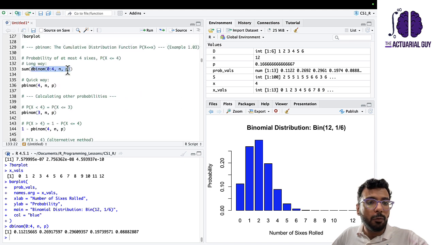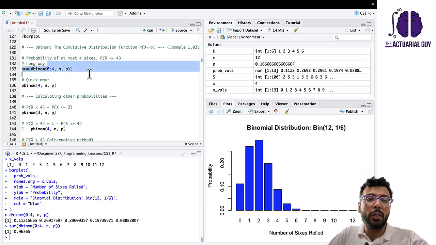Now we are putting it from 0 to 4, so probability of 0 successes, 1 success, 2, 3, and 4 successes. You're going to add up all of them. So in order to add all of them, you just take a sum around your vector. The output is a vector, you take a sum around it, you'll get the total probability of less than or equal to 4 successes, which is 0.96365. So that's how it works.